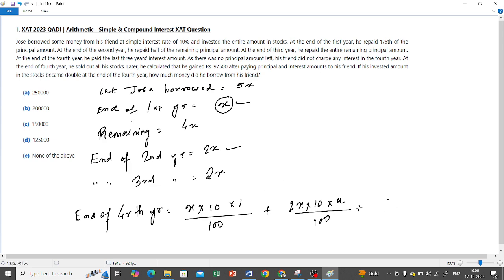And then for this third year, PRT by 100. That's it. So this is 0.1x, 0.4x, 0.6x, that equals 1.1x.